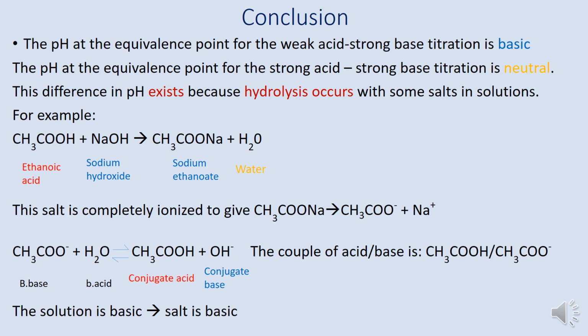So what will be the conclusion? The pH at the equivalence point for the weak acid, strong base titration is basic because it gives OH- in the solution, while the pH at the equivalence point for the strong acid, strong base titration is neutral because it gives Na+ and Cl-.